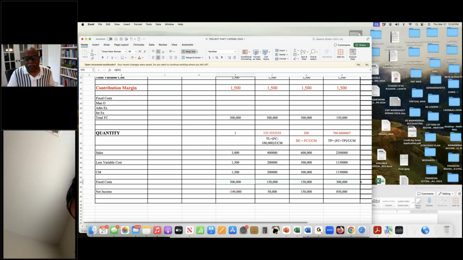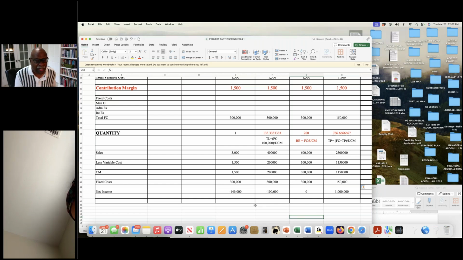So how are we looking now? Let's look at our bottom numbers. This would be equal to, so are we where we need to be now?